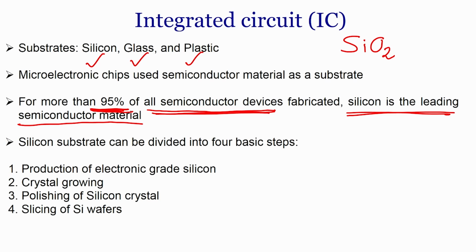Then it is very important for us to understand how silicon is actually manufactured. But to understand the manufacturing process of silicon in depth will require hours, because a lot of techniques have to be understood: float zone technique, Czochralski technique, how the seed crystal is there, how you are pulling off the seed crystal.